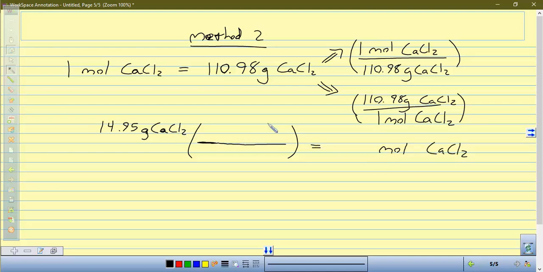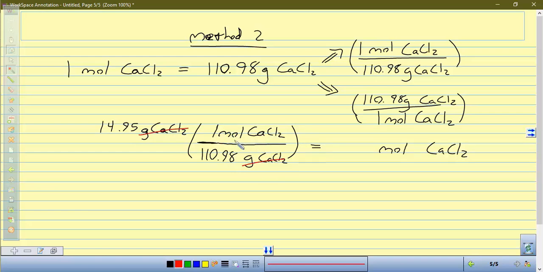So again, I want to pick the conversion factor that's going to have grams on the bottom because I want that to cancel. And this top one has grams on the bottom. So I'll write that down. 1 mole calcium chloride with the 110.98 grams on the bottom. And now that I have a gram on top and a gram on bottom, anything that's the same on top and bottom cancels.